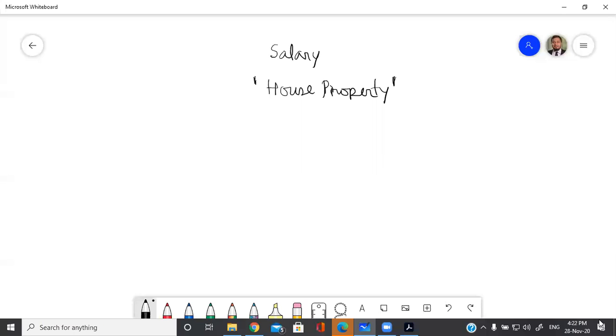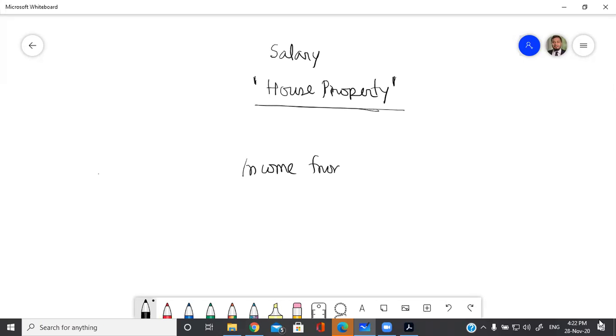So it is possible that you have negative income, for example from house property. If it is hard to picture, you can think of income from business.